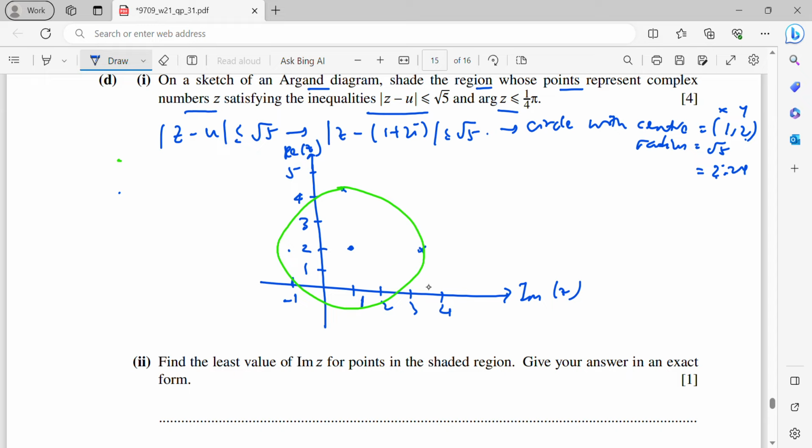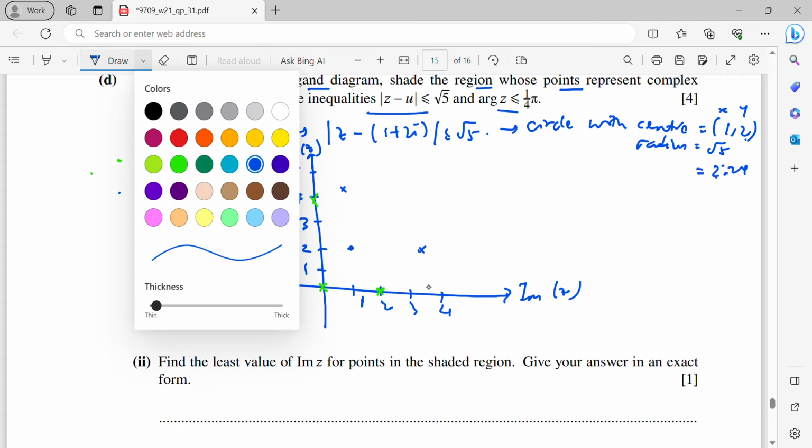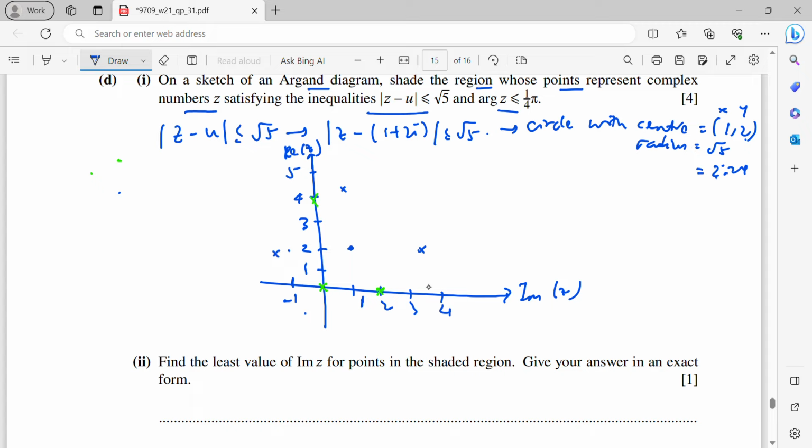Okay, so when you measure correctly, the circle should touch (0, 0), (2, 0), and (0, 4). So please draw this properly.